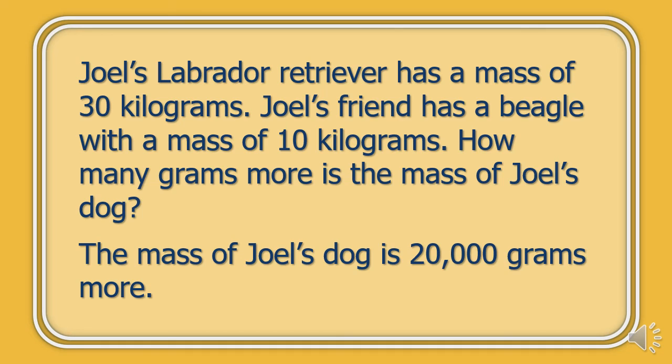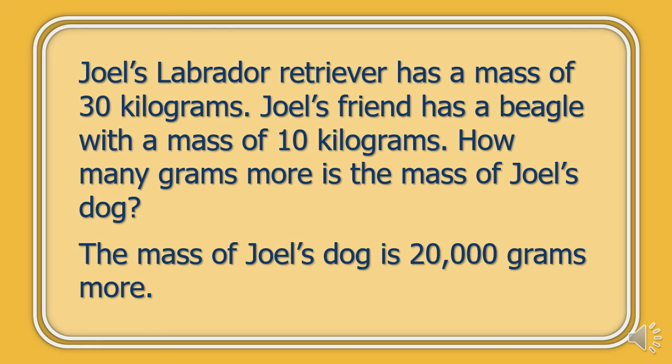Because they gave us the weight of the dogs in kilograms, and they wanted us to tell the answer in grams. So that's why labels are important. And some of you have forgotten to put labels. So let's look at that. We did the subtraction correctly. 30 kilograms minus 10 kilograms is 20 kilograms.